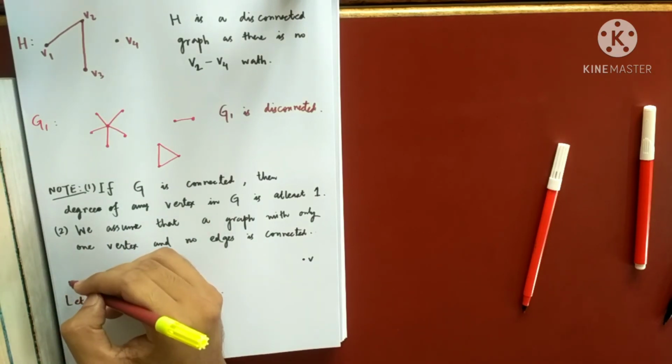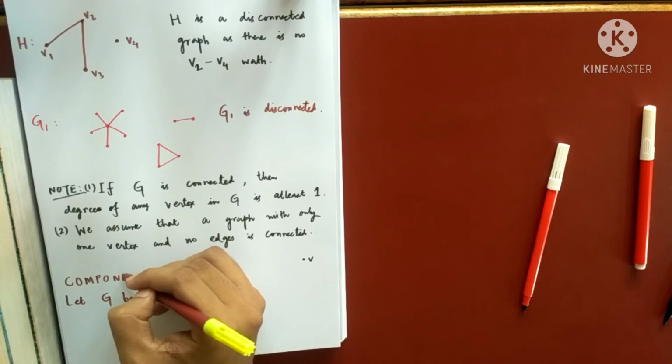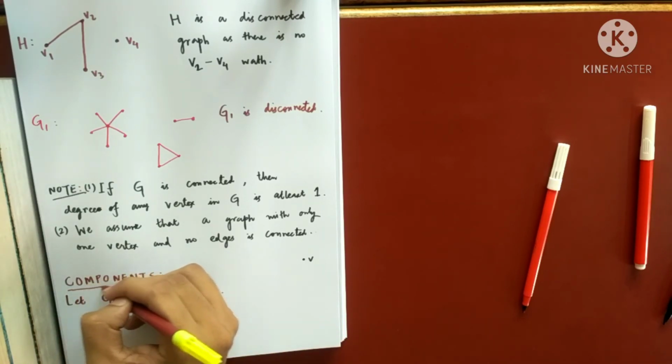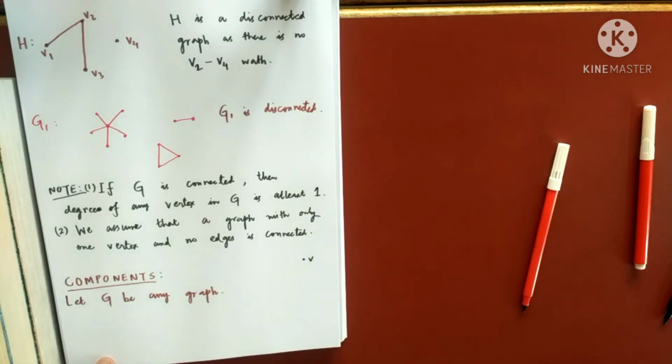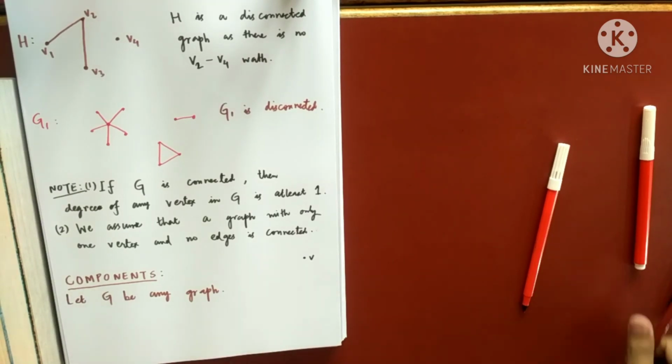I'm talking about components. I haven't defined it yet. I told you what exactly components are, but I will define it in a more formal manner. So let G be any graph. I don't know whether G is connected or disconnected. We have no idea about G, whether connected, disconnected, anything. G can be any graph. Okay.